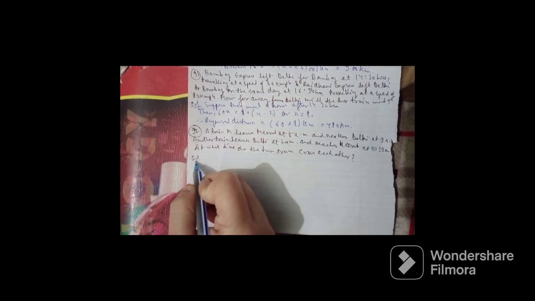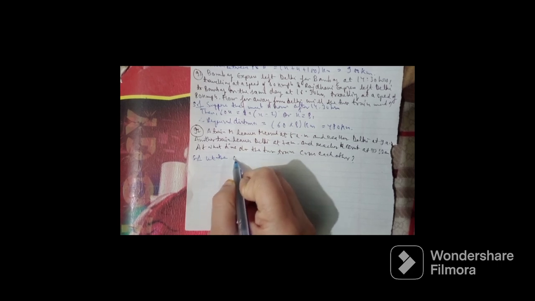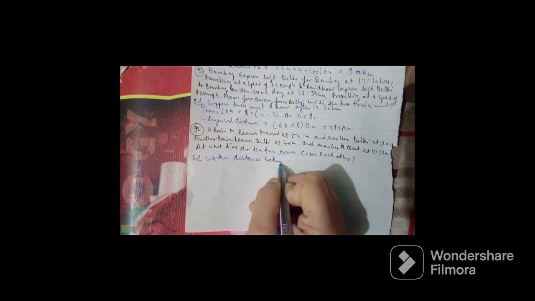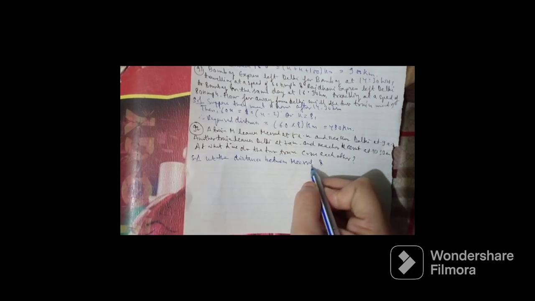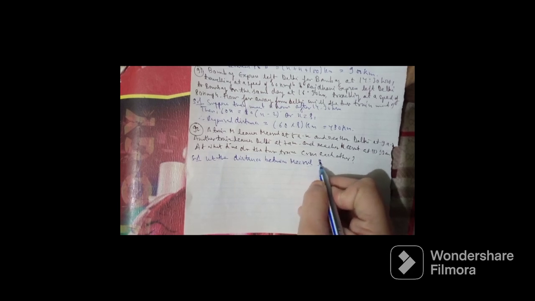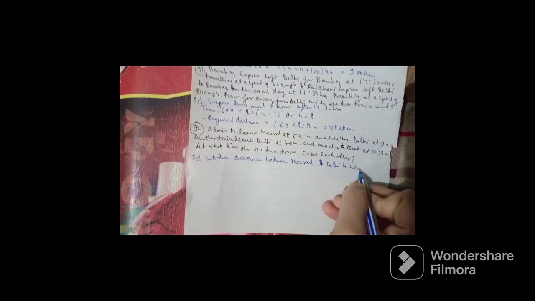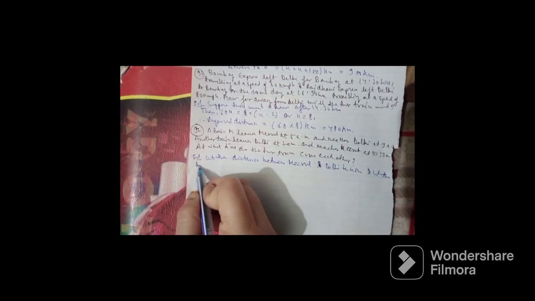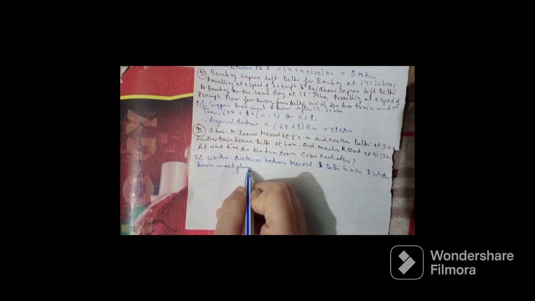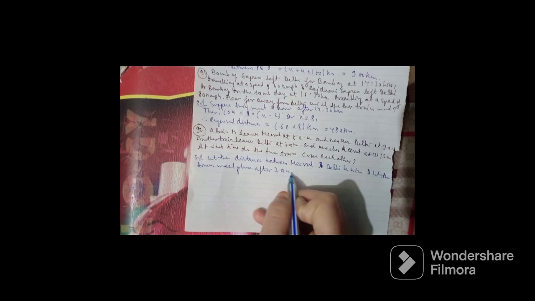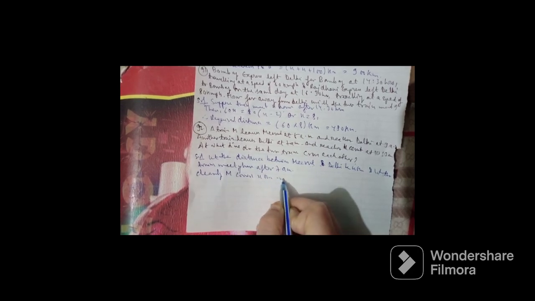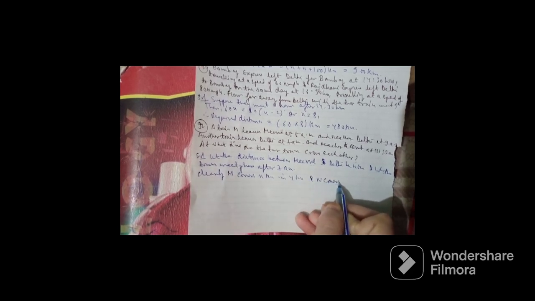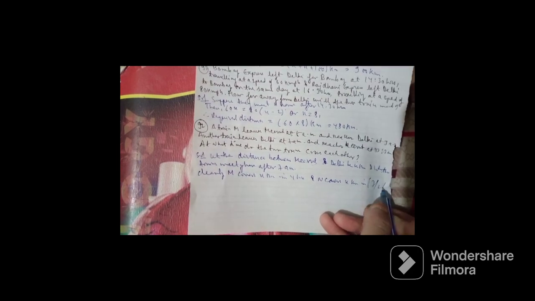So let the distance between Meerut and Delhi be x kilometer, and let the trains meet y hours after 7 a.m. Clearly, M covers x kilometer in 4 hours and N covers x kilometer in 7 by 2 hours.